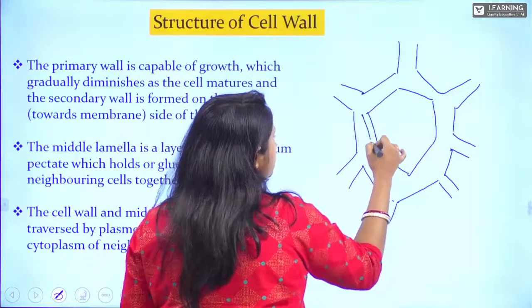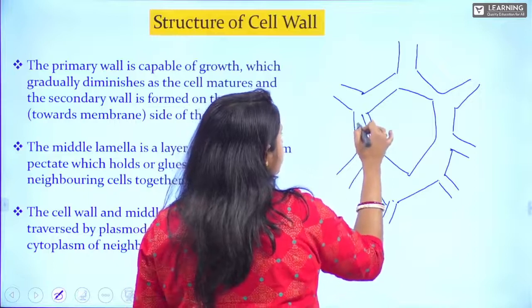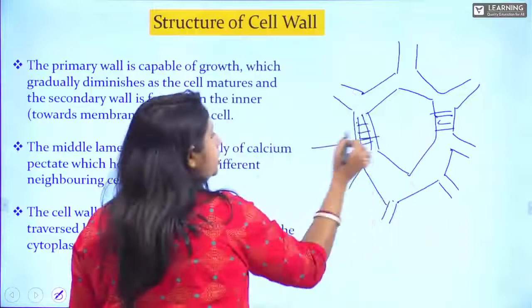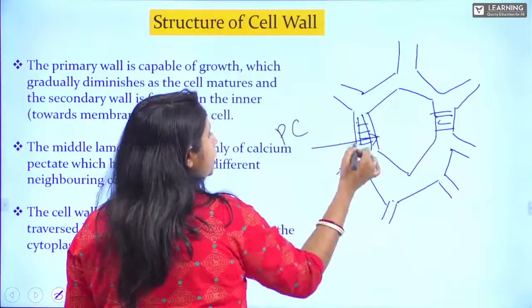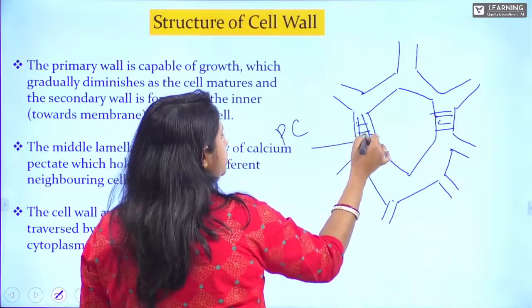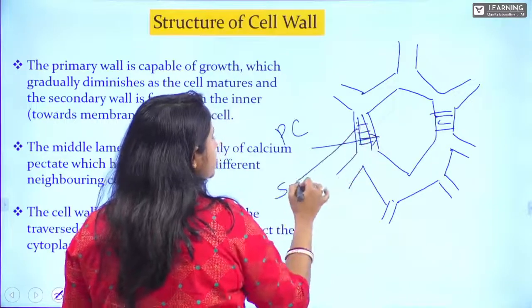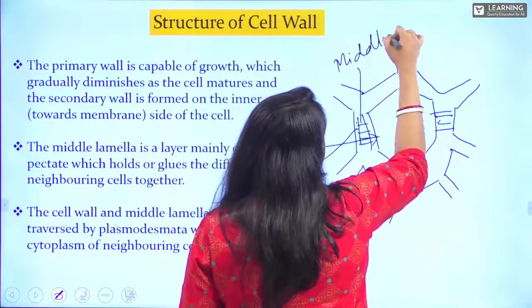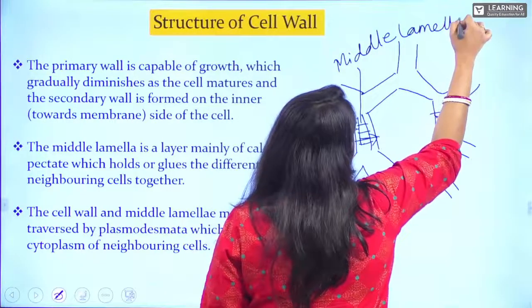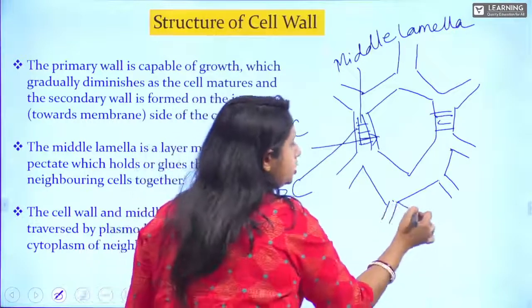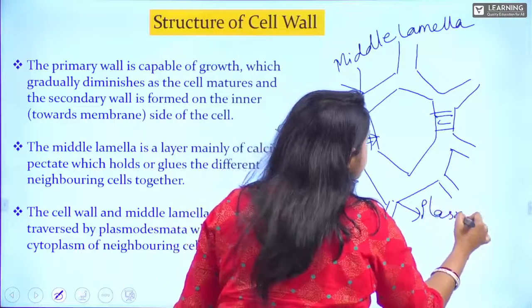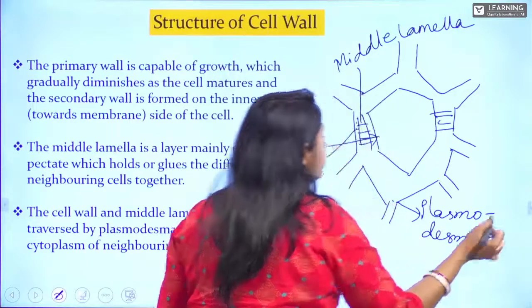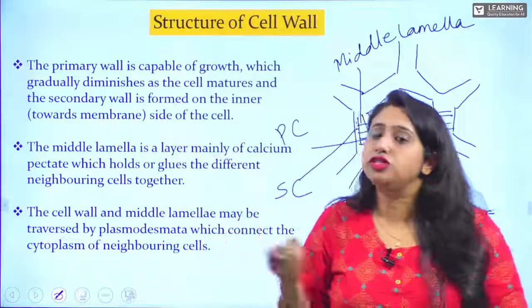So here, let's say this will be the middle lamella. So this is the primary cell wall. After the primary cell wall, here you will see the secondary cell wall, right? And this is the middle lamella, okay? These are the plasmodesmata, which is the junction, providing cell-to-cell interaction.